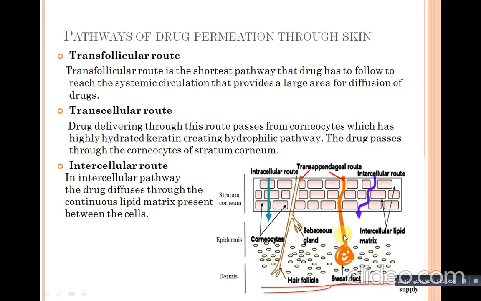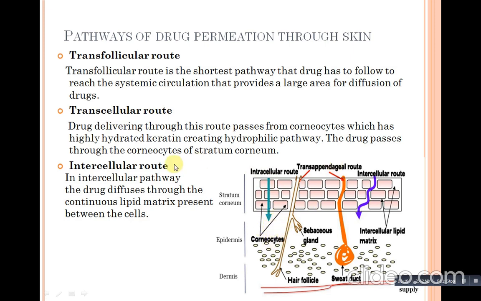Second is the transcellular transport, also called intracellular transport. In this mechanism, the drug permeates through the cells, meaning the drug will enter into a cell and then go to the next cell, until it reaches the area where the blood capillaries are present.